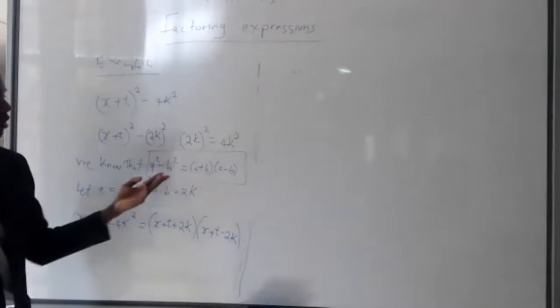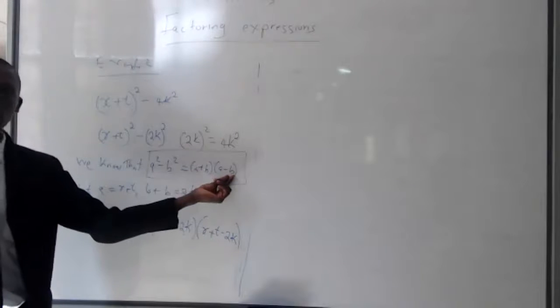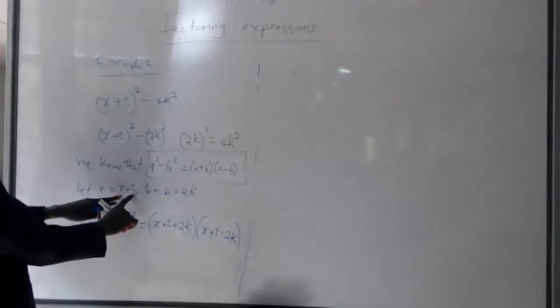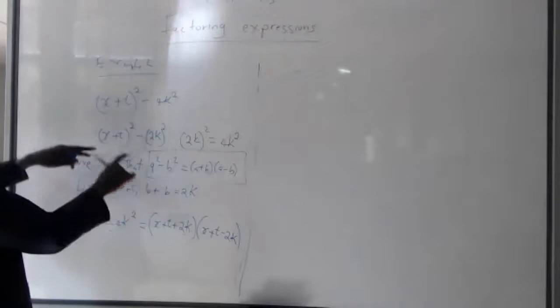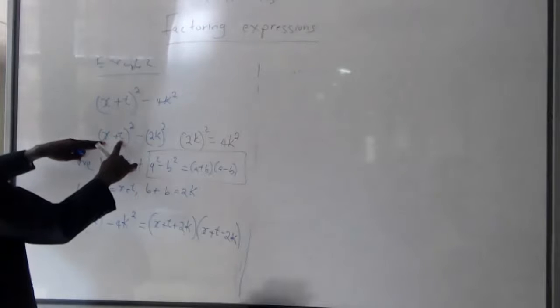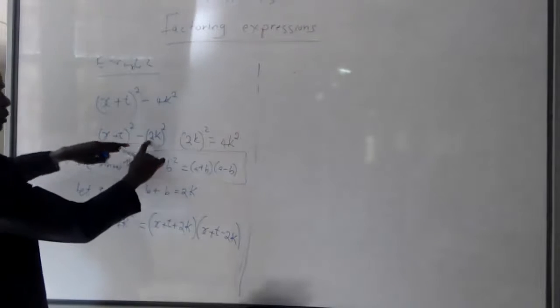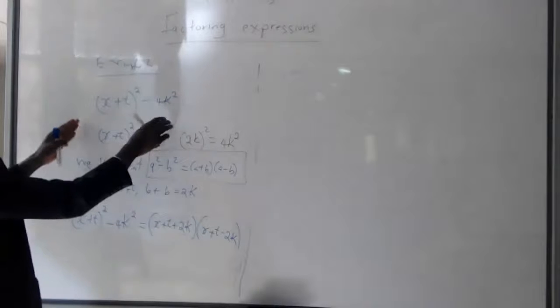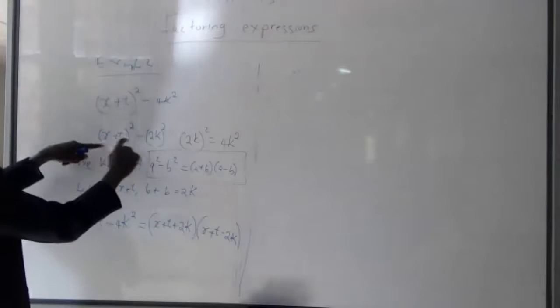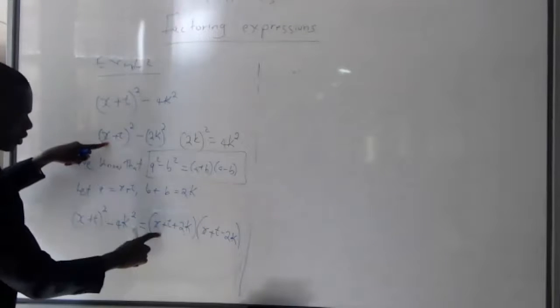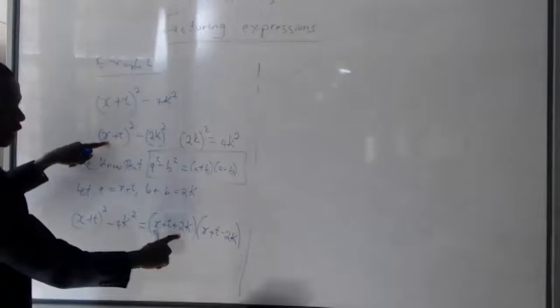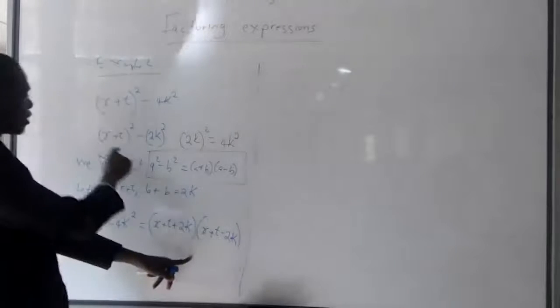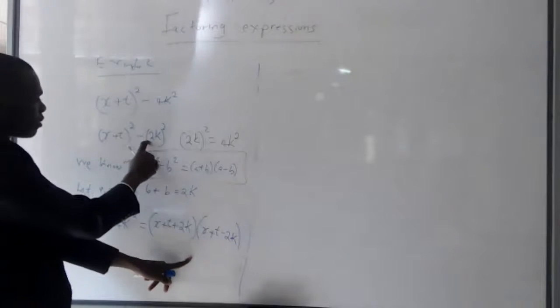So this statement is actually true for any real numbers a and b. So then let a be x plus t, because we want to use this rule, and in this case, our a is in the first bracket, which is x plus t, b is in the second bracket, which is 2k. Then the factorization is simply the product of the sum of these components, (x plus t plus 2k), times (x plus t minus 2k).